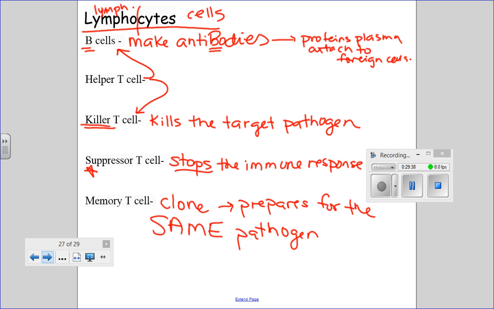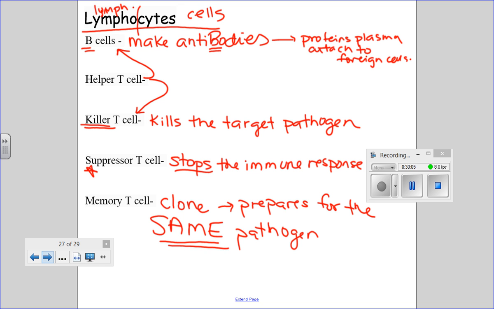And so when that same pathogen comes back again, you don't have an immune response. You instead are ready right away. Your body kills it as soon as it comes in because it remembers, that was a pathogen, I had to kill it. So it's like little antibodies that are lying in wait, just ready, just in case that same one comes back.